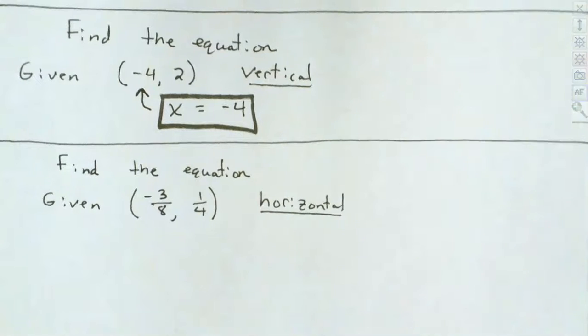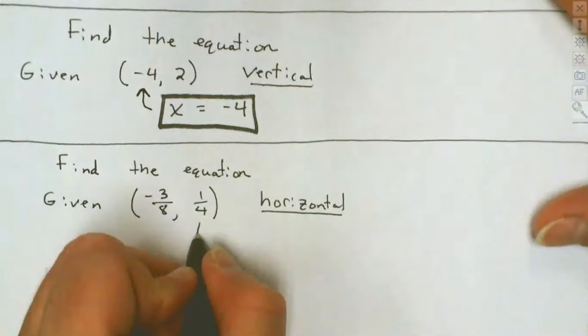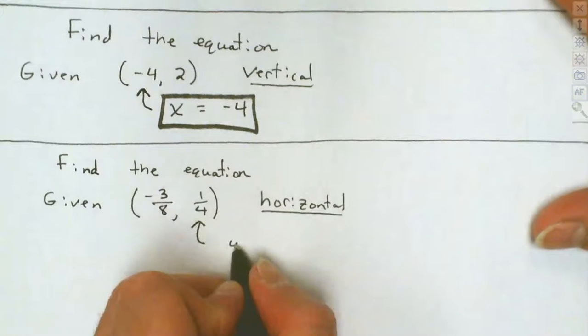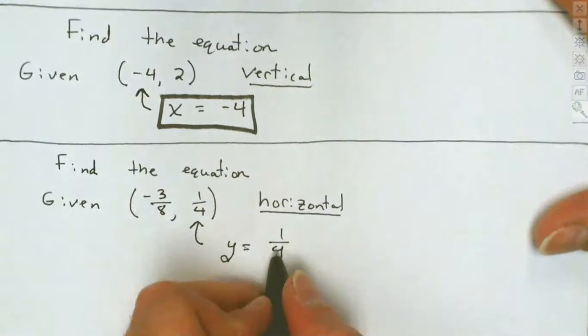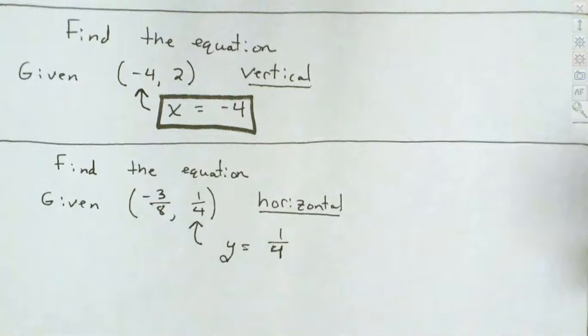If you got this point, and I know it's a horizontal line, what does that mean? If it's a horizontal line, that's going across, isn't it? And what would that have for the answer? Is it an x line or is it a y line? Y line. And what's our y component? 1/4. So your answer for that one would simply be y equals 1/4.